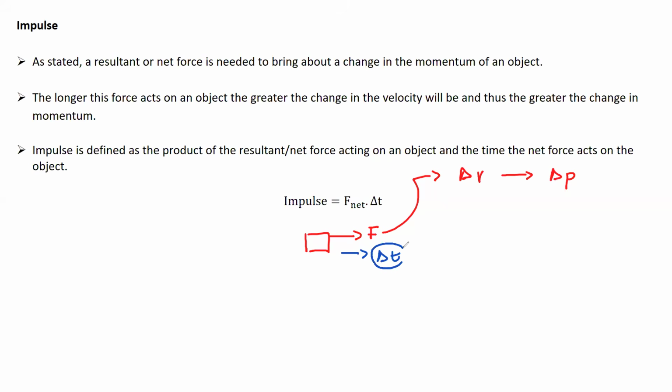And if this force acts for a longer period of time, it will have a greater change in the velocity and ultimately a greater change in the momentum. Therefore, impulse becomes the product of the net force acting on an object and the time taken by that net force to act on the object.